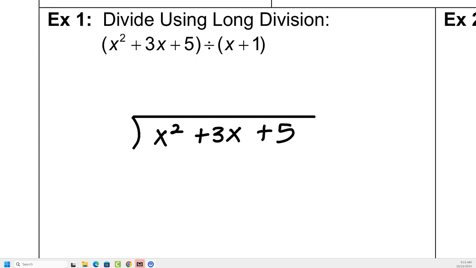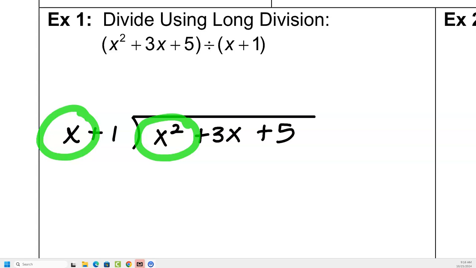Of course, I looked to see if there were any missing terms, and there aren't any, so I don't have any placeholders. And we're going to divide that by x plus 1. Again, it has no missing terms, so I don't have to worry about placeholders. I'm going to start the process. What do you multiply x by to get x squared? Good, it's just x.